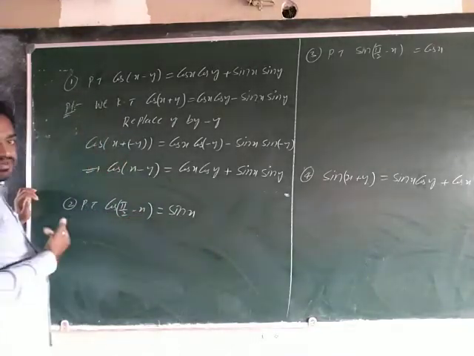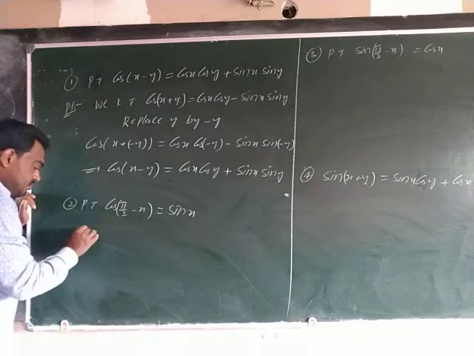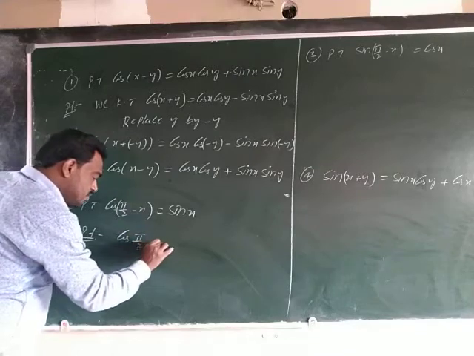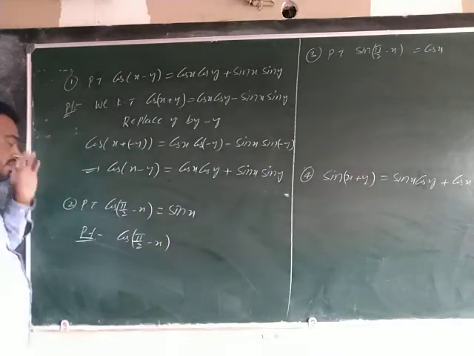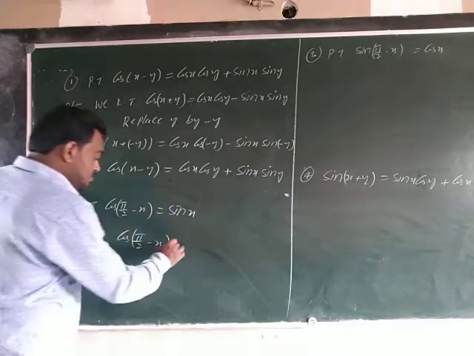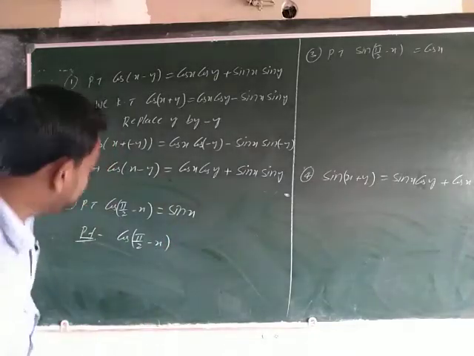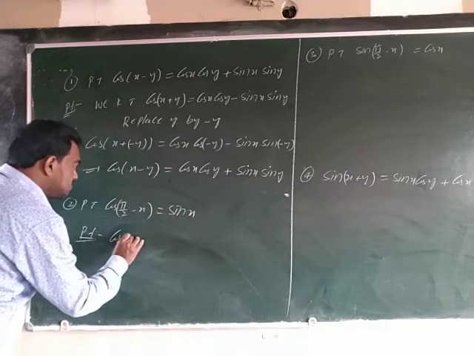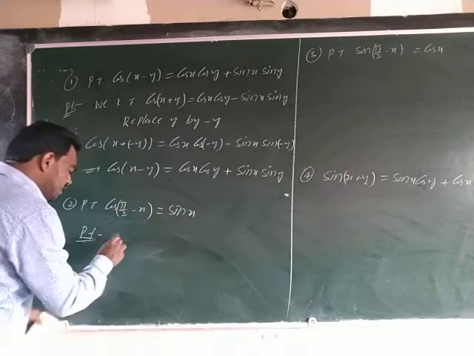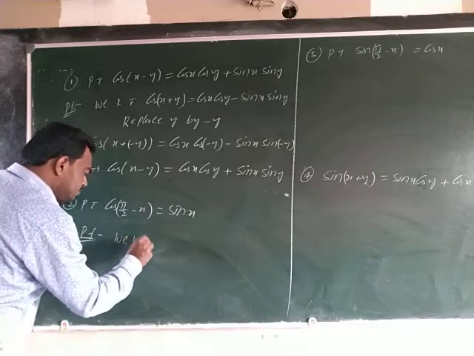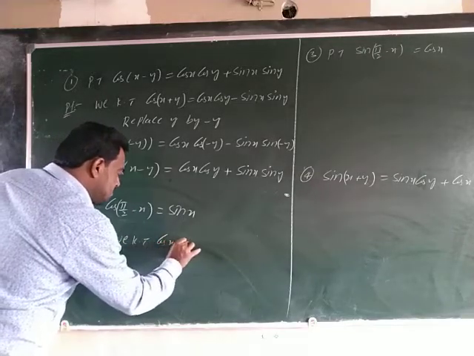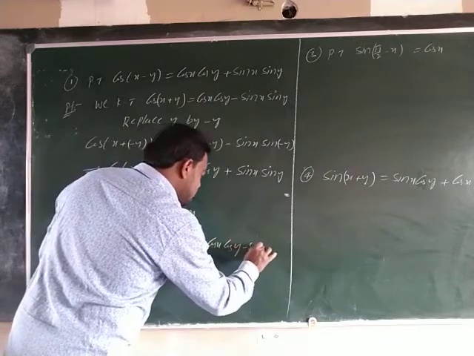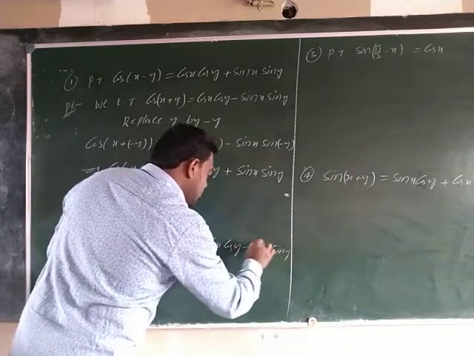How are we proving this one, you see? Proof: cos of pi by 2 minus x. We already know that cos of x plus y is equal to cos x cos y minus sin x sin y, right?